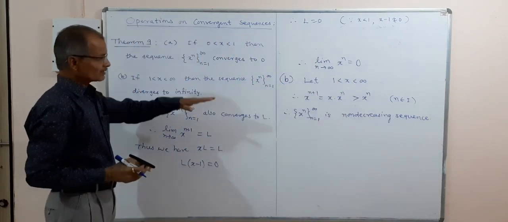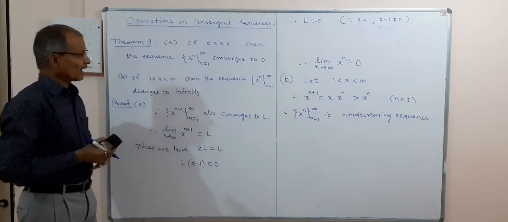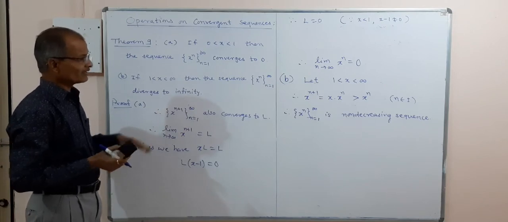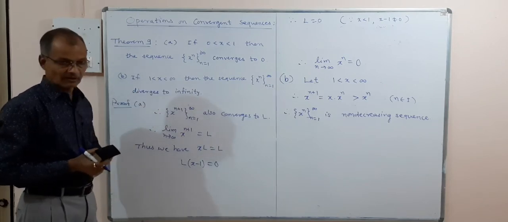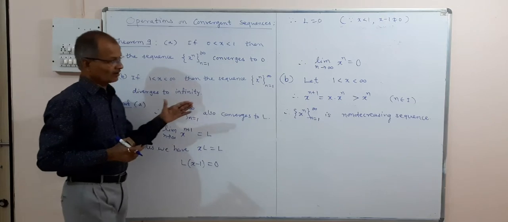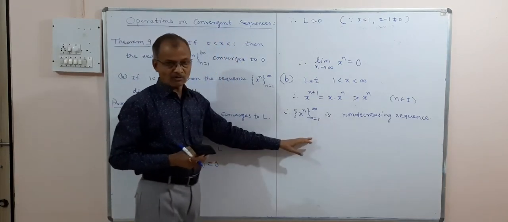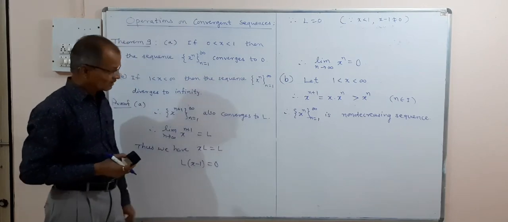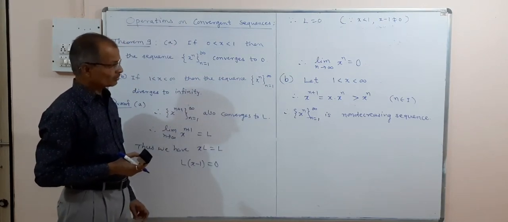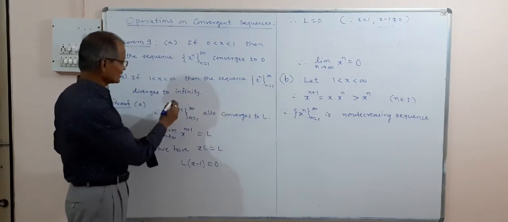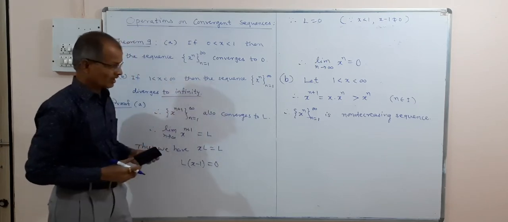Thus, in this case, the sequence is non-decreasing, and we shall say the sequence is not bounded above also. And if a sequence is non-decreasing and not bounded above, then it diverges to infinity. So further we have to show the sequence diverges to infinity, it is not bounded above.